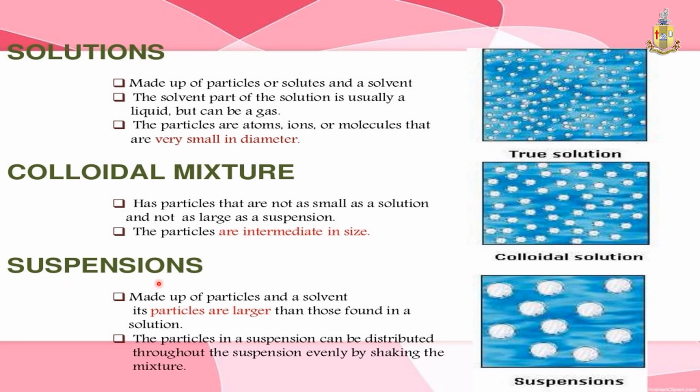The third category is suspensions, where the solute particles are larger compared to those in solutions as well as in colloids. On the right side, you see an illustration of how a solution, a colloid, and a suspension look. The particle size progressively increases as we move from solution to colloid to suspension.